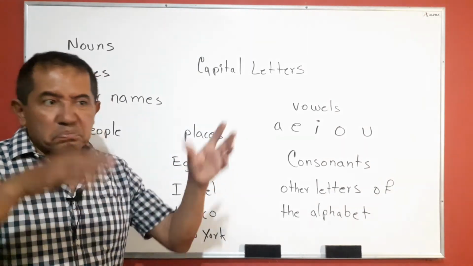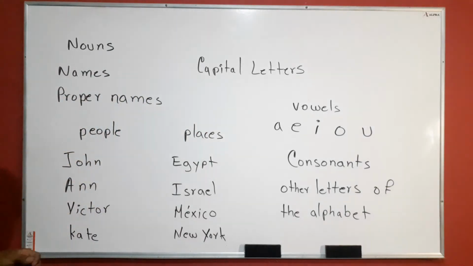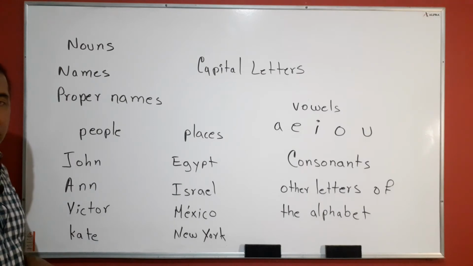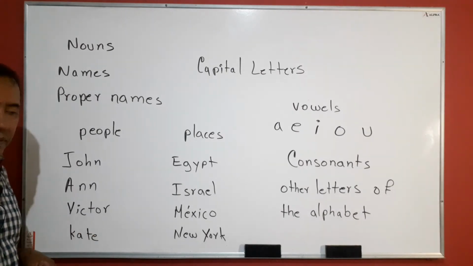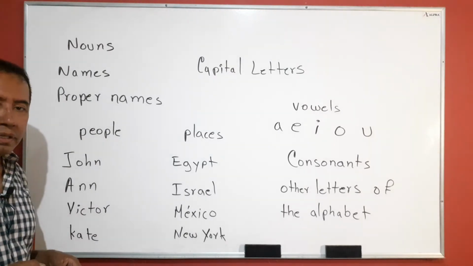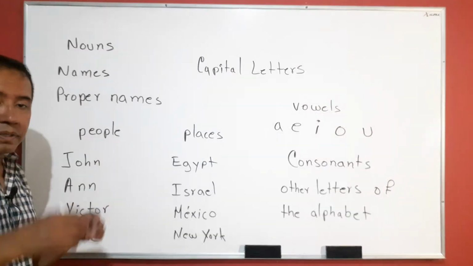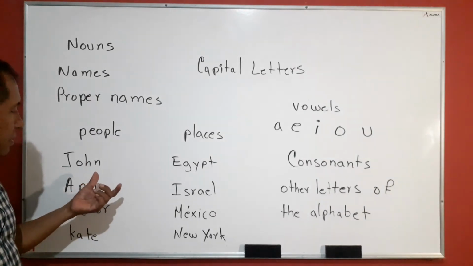People, everybody. John, Anne, Victor, Kate, Louise, Lois, Cody, Nikita, whatever the name people have.